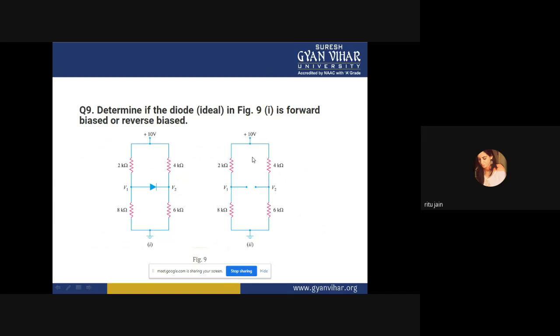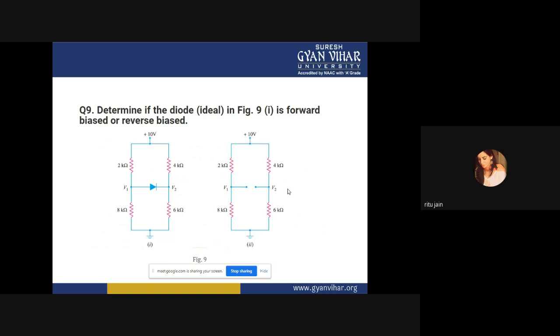For determining whether the diode is in forward biasing or reverse biasing, you have to find out the voltage across these two terminals. In the case of forward biasing, the voltage drop across the diode is less than or equal to 0.7 volt.